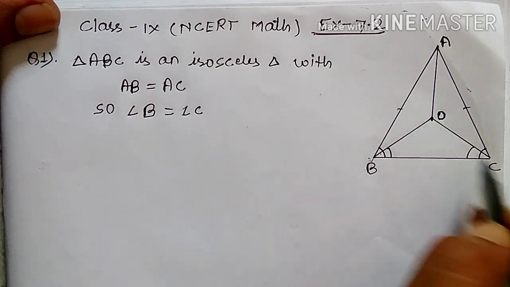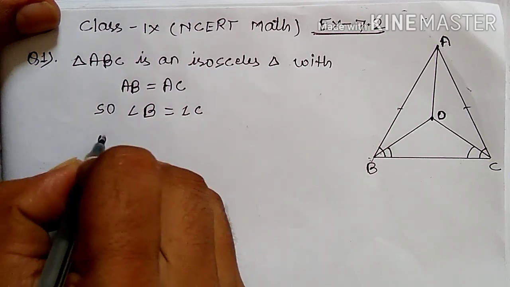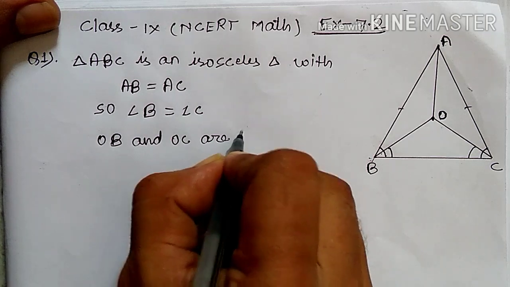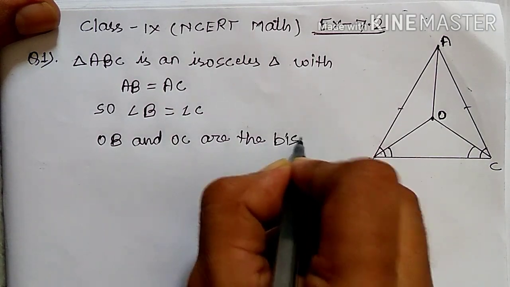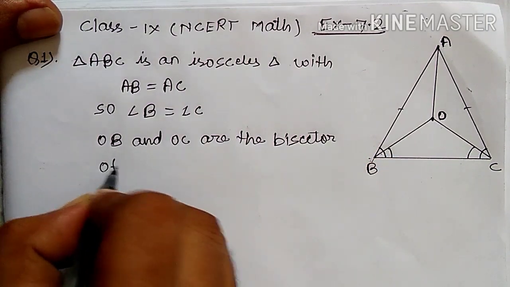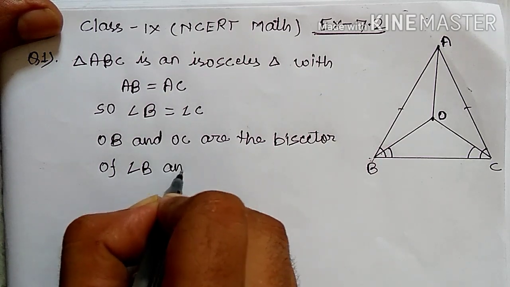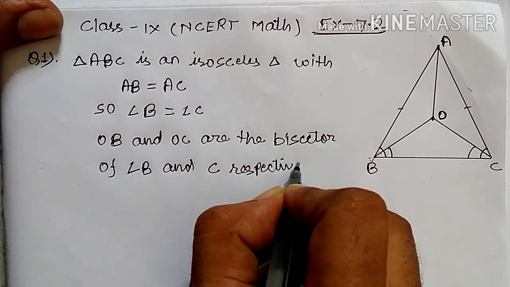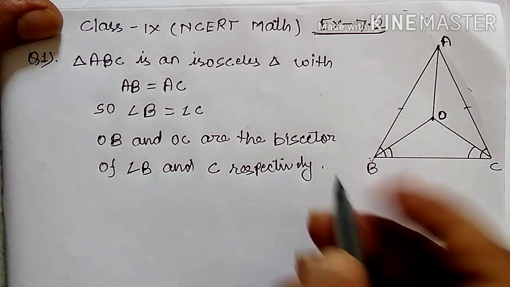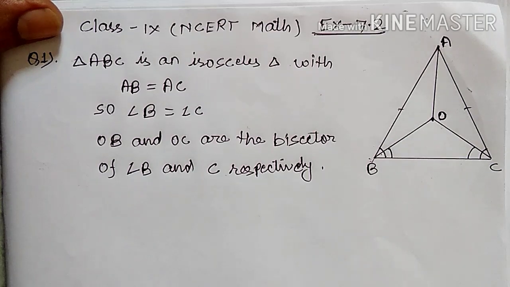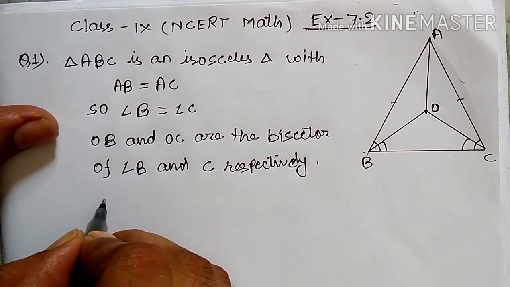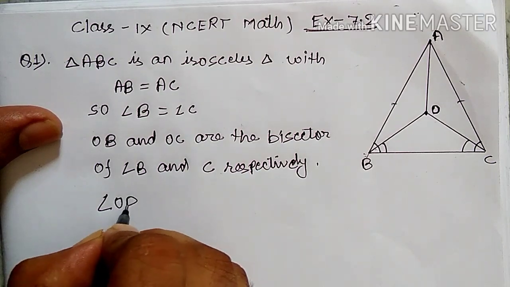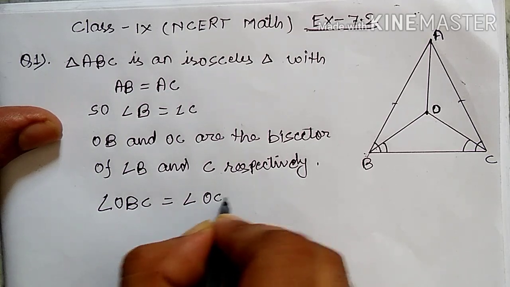And OB and OC are the bisectors of angle B and C respectively. So angle OBC is equal to angle OCB.